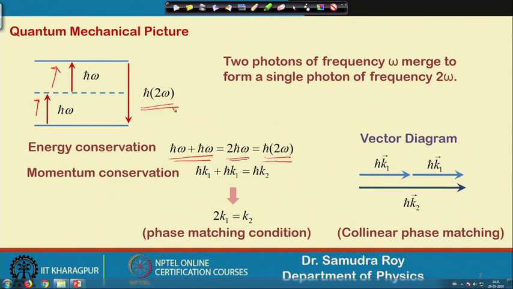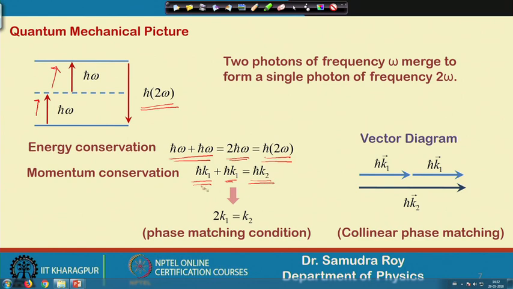In a similar way, if I try to find the momentum conservation, then the momentum of 2 photons is h cross k 1 plus h cross k 1, where k 1 is the propagation constant of the photon having frequency omega. The momentum conservation suggests that if these two are added, then we get another momentum h cross k 2, which is the momentum of the wave having frequency component 2 omega.